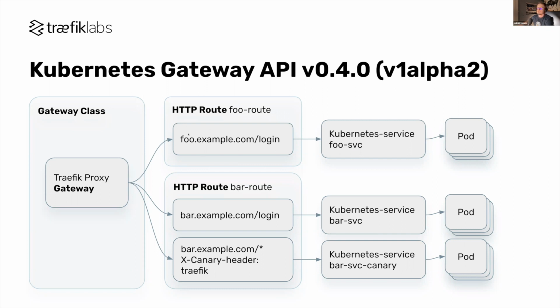In host, you can define the host and the path prefix, and based on those specific rules, the network traffic will be redirected to the Kubernetes service and then to a pod on your cluster. Similar here, but the difference is that we use, for example, a header-specific matcher in the HTTP route object. We can have a canary deployment or any kind of progressive deployment. And now I'll try to show you how it works in the live demo.